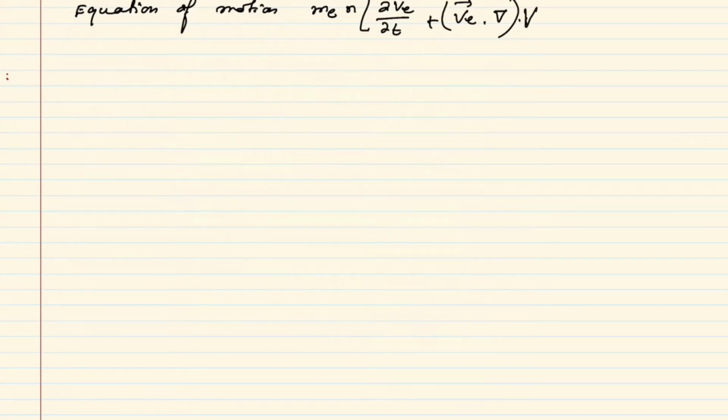It is given by m e n e times del Ve by del t plus Ve dot del into Ve, equals minus E n e, where capital E represents electric field, minus grad P e.